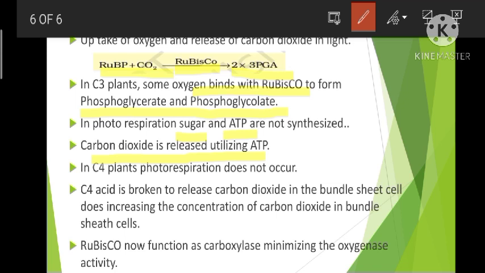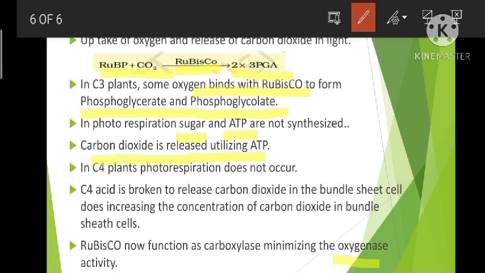Thus we can say photorespiration does not occur in C4 plants. In C3 plants, photorespiration occurs because Rubisco is present in the mesophyll cell. In C4 plants, Rubisco functions as a carboxylase enzyme, and its oxygenase activity is minimal. So C4 plants lack photorespiration.